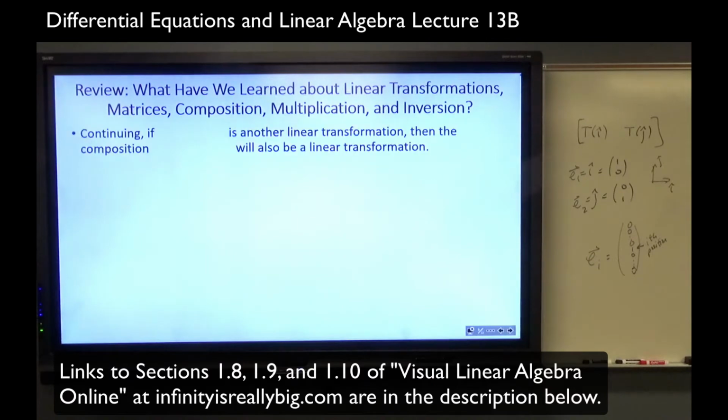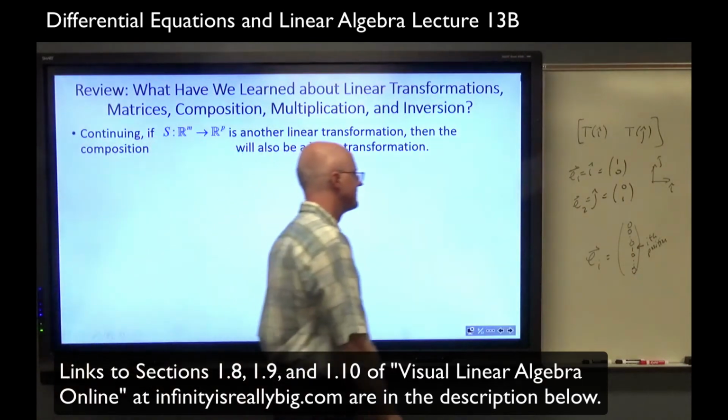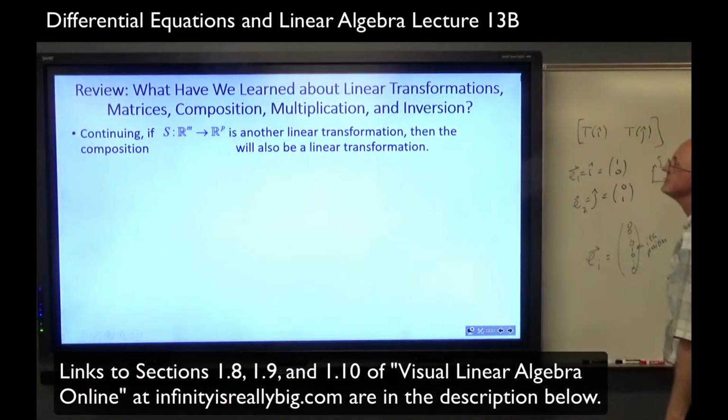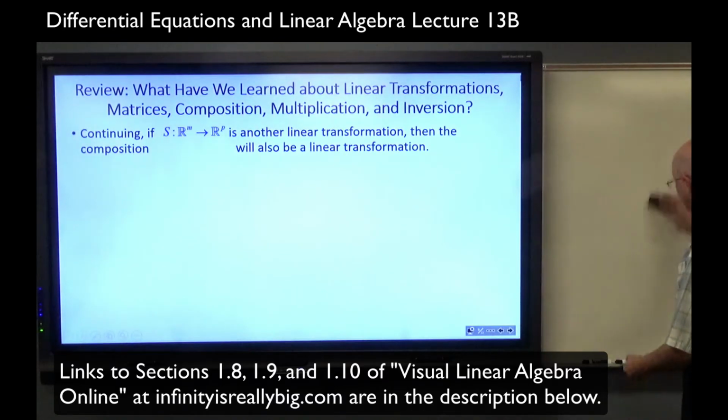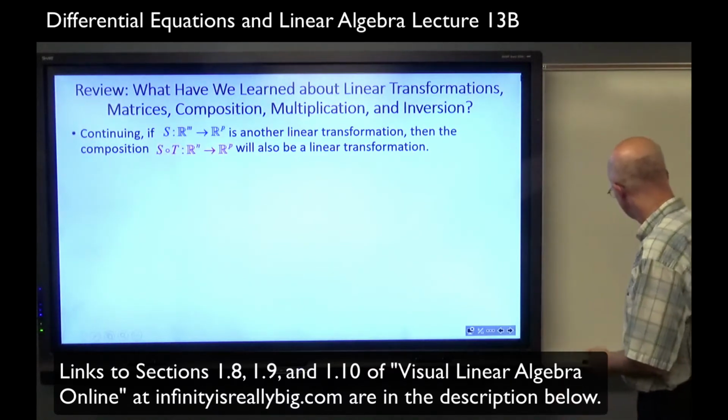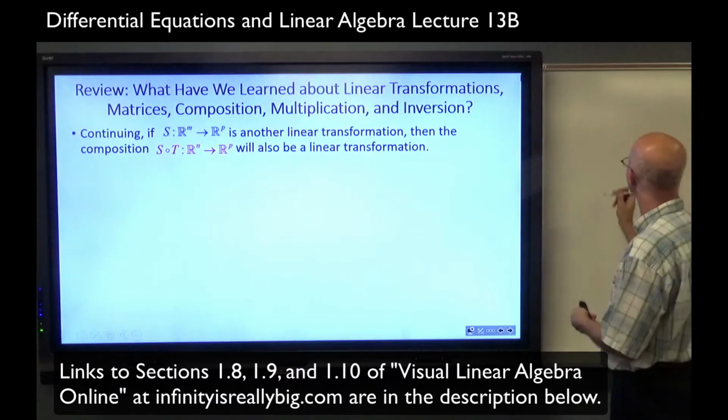Continuing to review, if we've got another linear transformation from Rm to Rp, we're going to want to compose S and T, but we can only do it one way in this case. S composed T goes from Rn to Rp.